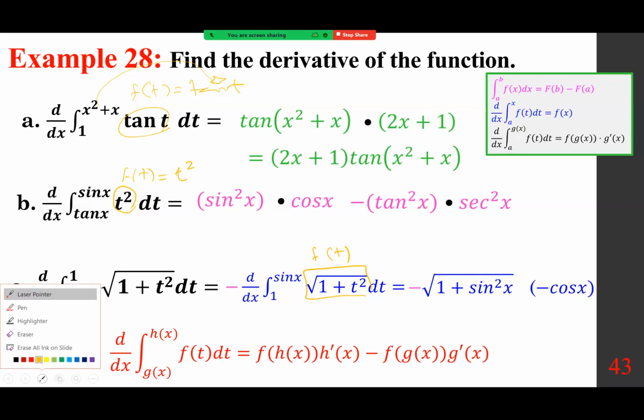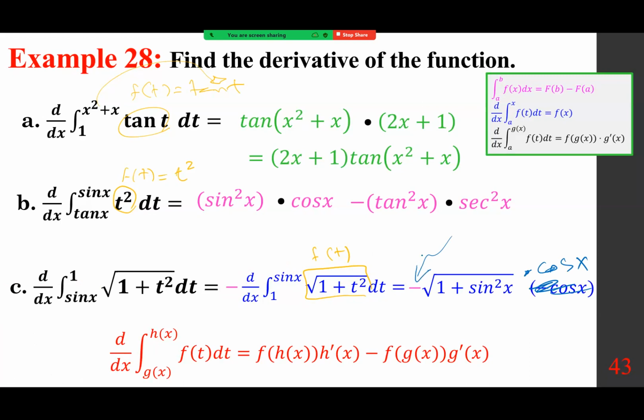This is cosine x. And so this negative sign remains, and we are done. All right, it's pretty straightforward, everybody.